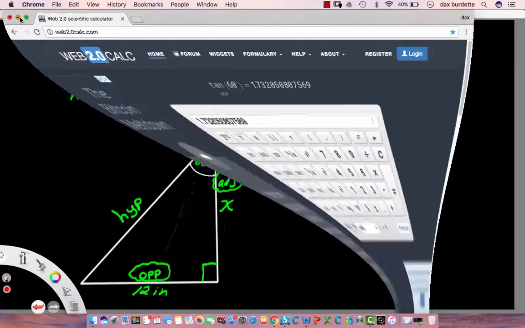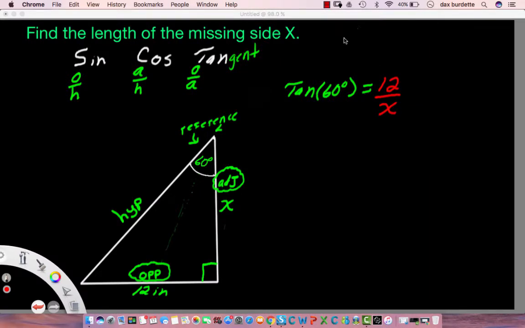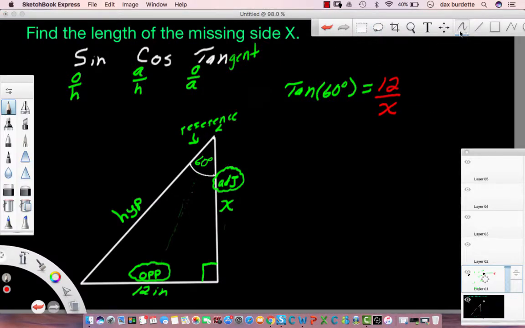So I'm going to close this back down. Another way of saying tangent 60 degrees is the same thing as saying 1.73.